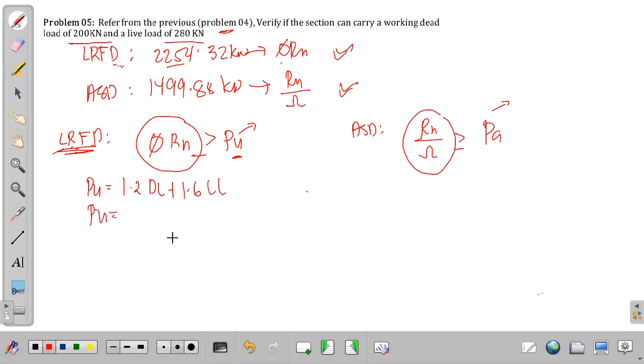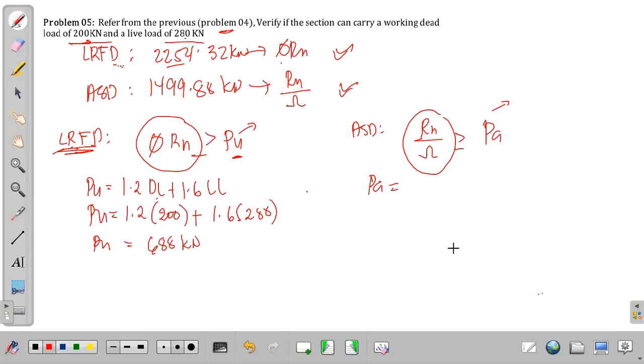Dead load natin is given 200 and live load natin is 280. So, 1.2 times 200 plus 1.6 times 280. Kindly solve for the PU. PU is equal to ultimate load, 688 kilonewton.